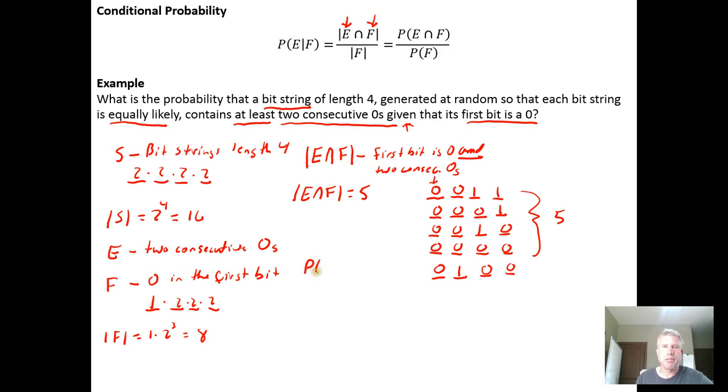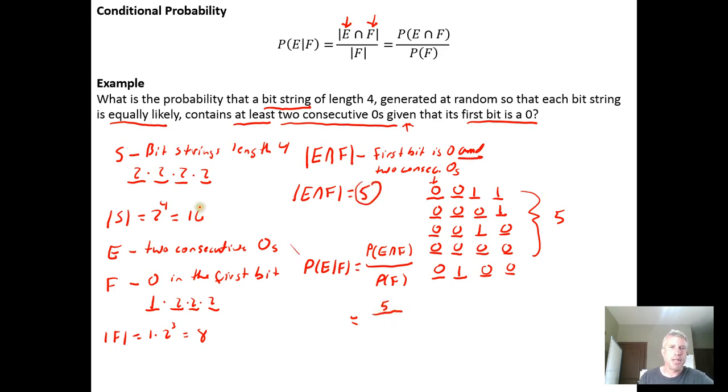The probability of E, given that F has happened, is just going to be the probability of the intersection divided by the probability of F. So the intersection has 5 elements in it.